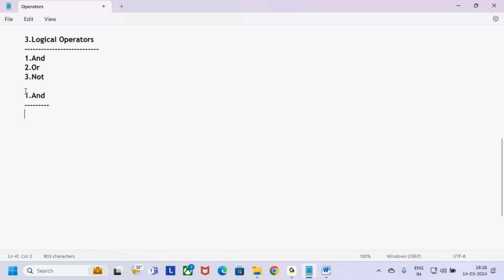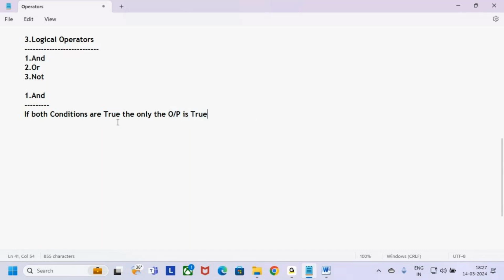In the AND operator, the output is true only if both the conditions are true. When the output is true in the AND operator is if both the conditions are true, then only the output is true.